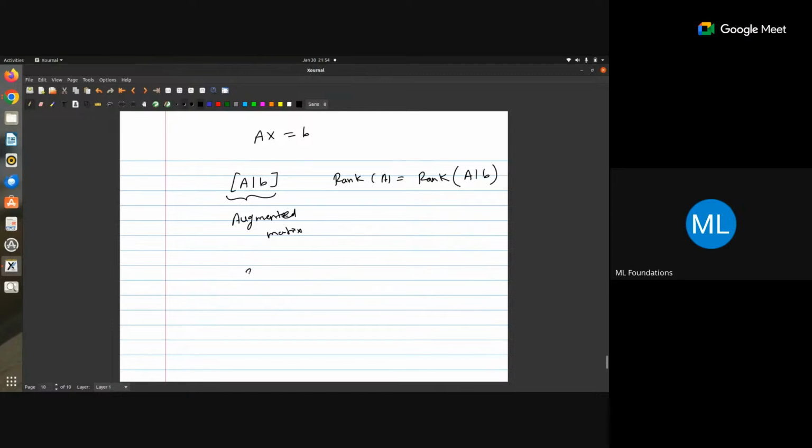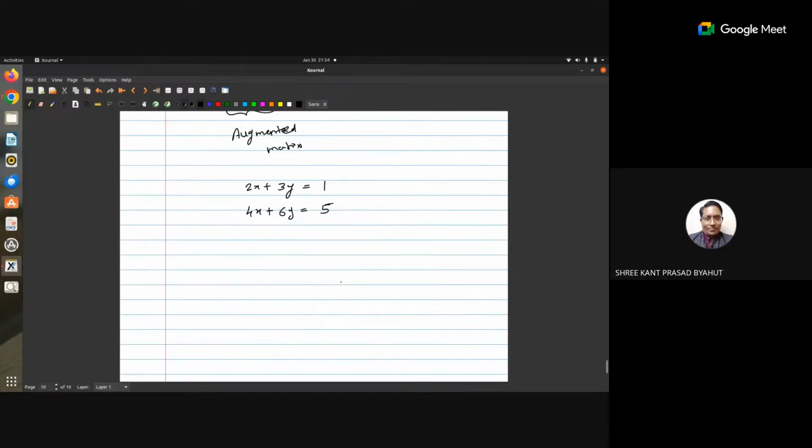Okay, maybe I'll give you an example. 2x plus 3y equals 1. We'll solve for only the two-dimensional case. Maybe 4x plus 6y equals 5. What is the Ax equals B representation of these linear equations?